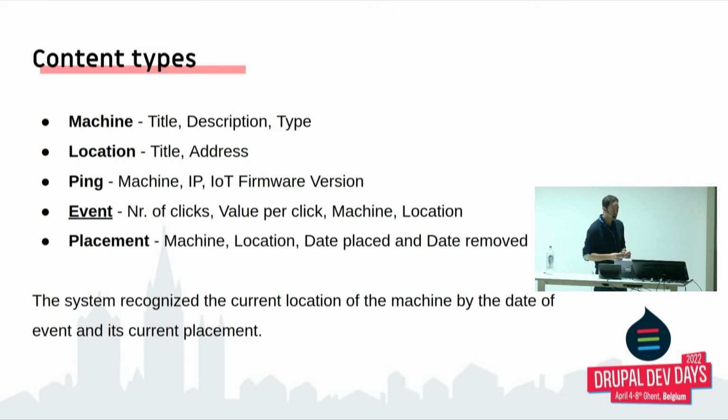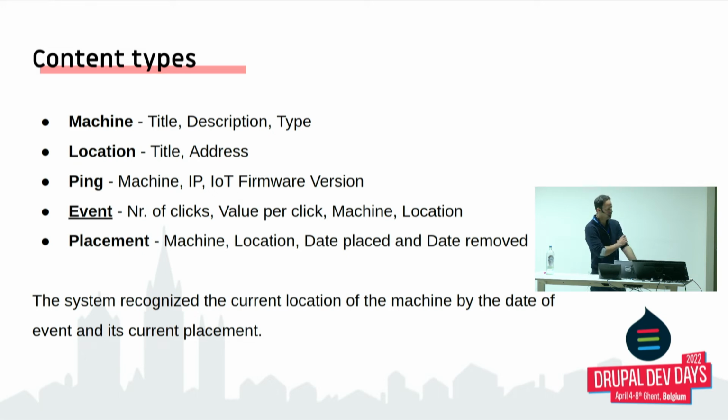If you change the machine and its location, you had to go into the configuration and change the location, even though the module is still on the same machine. So placement is a good entity because we store the time where it was placed and the date when it was removed from a specific location.